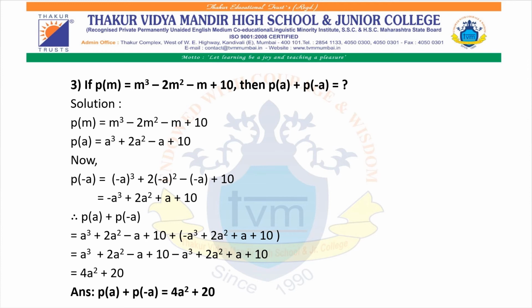So when you open the bracket, you will get a cube minus 2a square minus a plus 10 minus a cube minus 2a square plus a plus 10. Here a cube and minus a cube will get cancelled. Minus 2a square minus 2a square we will get minus 4a square, minus a plus a will get cancelled, and plus 10 plus 10 we will get plus 20. So our answer for p of a plus p of minus a is equal to minus 4a square plus 20.